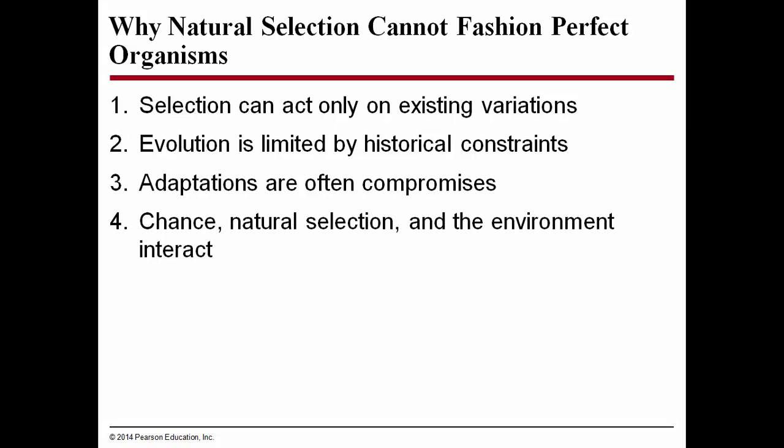Adaptations are often compromises. So an adaptation may be good in one respect and bad in another. Let's see if I can have a good example here. The back of the human being enables it to stand upright and to see out over farther distances than if we were stuck on all fours.